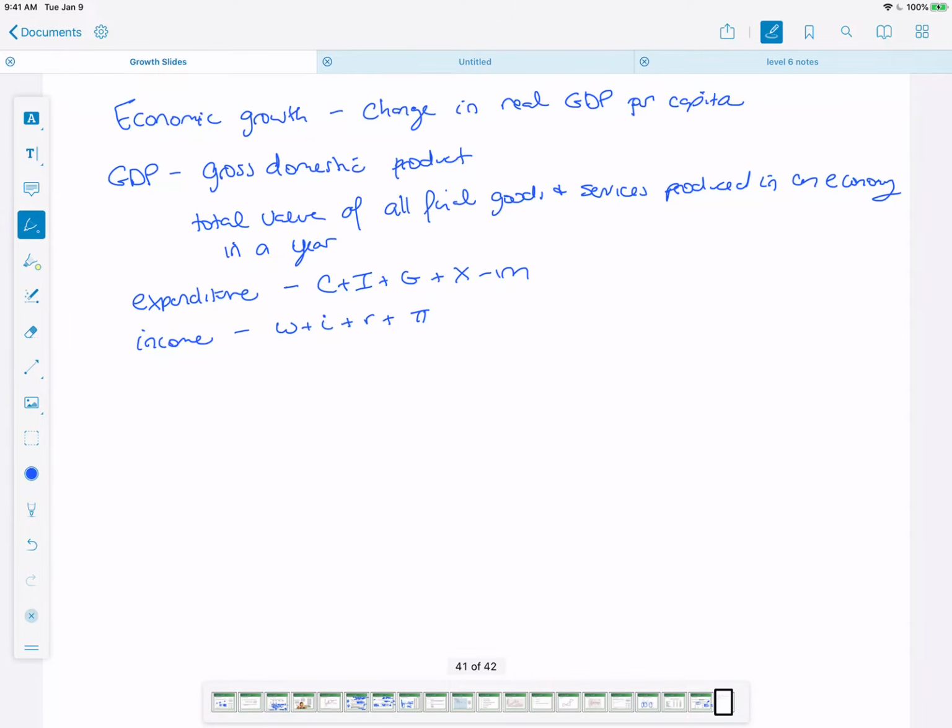Now, once we have GDP, we want to find real GDP. And remember, we have real GDP, and we have nominal GDP. What's the difference? Well, remember our discussion about the pizza and calzones economy?